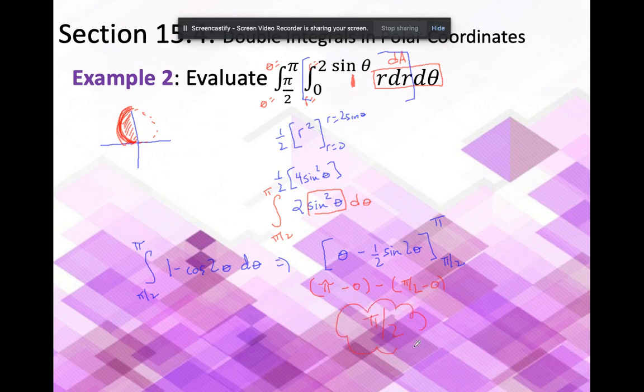And I have pi minus pi over 2, which is, shocker of all shocks, pi over 2. Hopefully that didn't shock you too much.